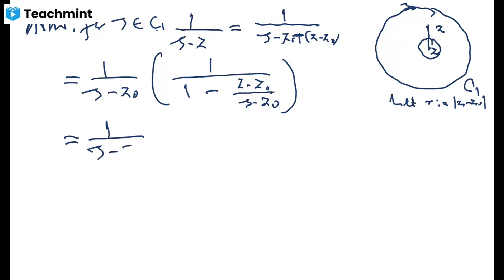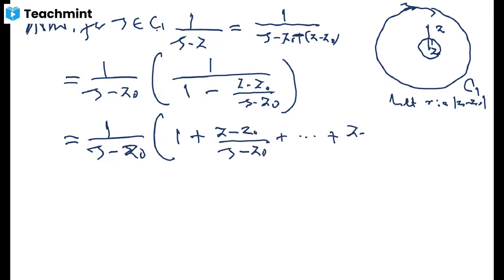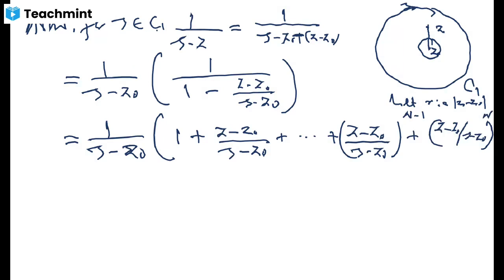And what you will get is 1 plus c, where c is z minus z naught upon zeta minus z naught, plus so on, z minus z naught upon zeta minus z naught whole power n minus 1, plus z minus z naught upon zeta minus z naught whole power n upon 1 minus z minus z naught upon zeta minus z naught. Okay, this is it.